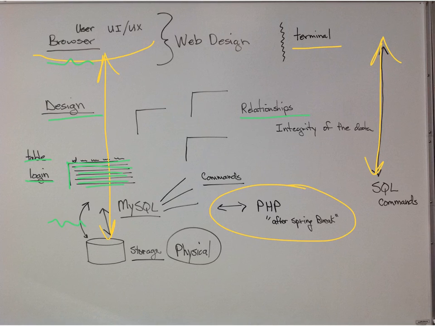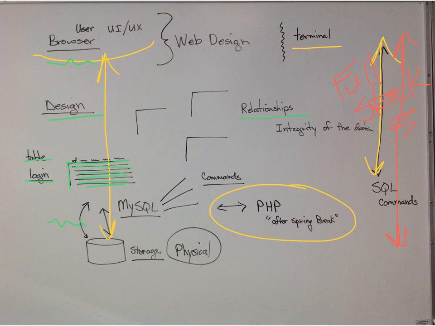This whole idea, by the way, let me use another color here. Yeah, let me use red. This whole idea of being able to design all the way from top to bottom is referred to as full stack.